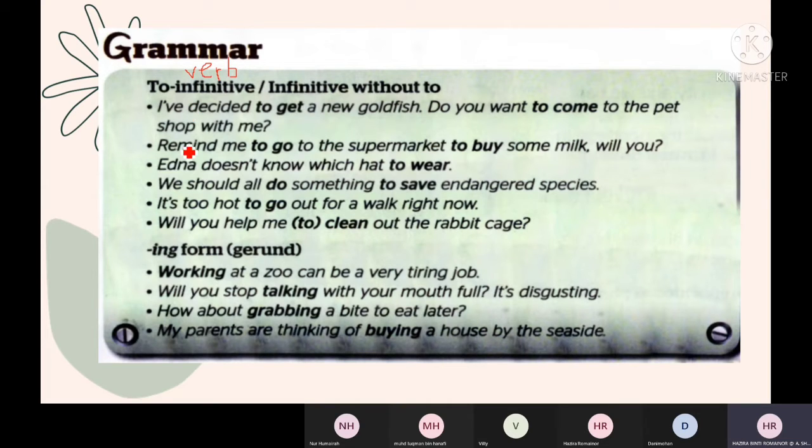Usually when you see the word to, the infinitive, which is the verb, you don't have to put s or es or ing and so on. That is what we call infinitive. There are also some situations where, for the verb, you don't have to put to in front. You can refer to your textbook, page 99.